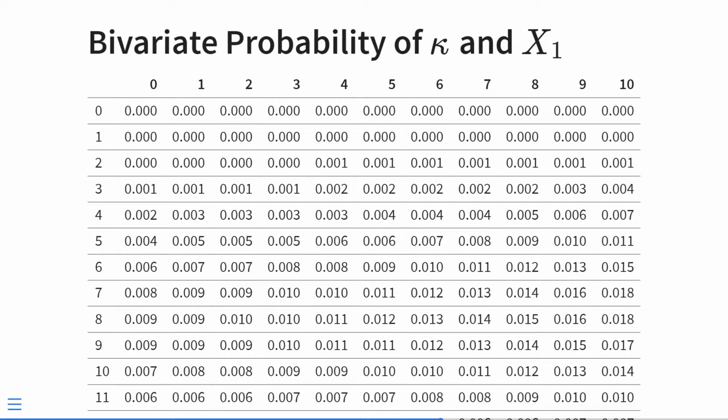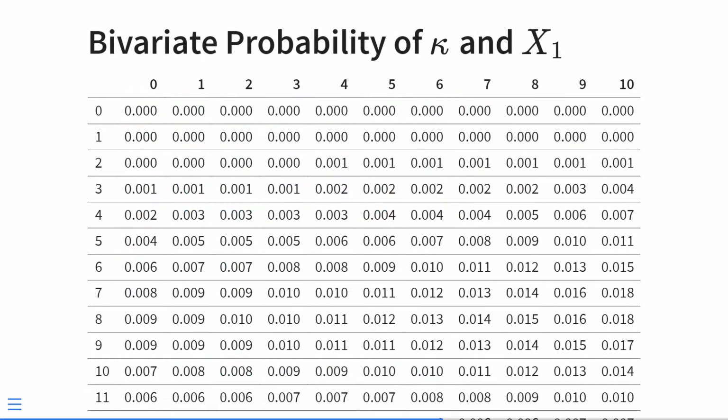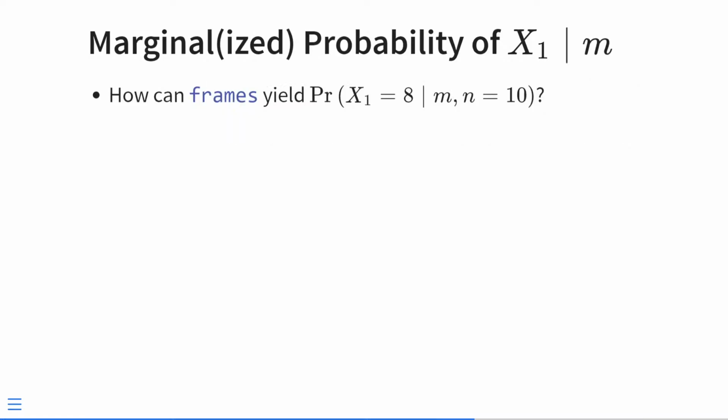So the probability that kappa is 7 and 8 pins are knocked down on the first row of a frame of bowling is 0.015, etc. And as we saw before, if we sum over all 3, we get 1. But now we're just summing over the third, so we get this 40 by 11 structure here for the bivariate probability of kappa and x1. Pins knocked down, first roll, frame of bowling.